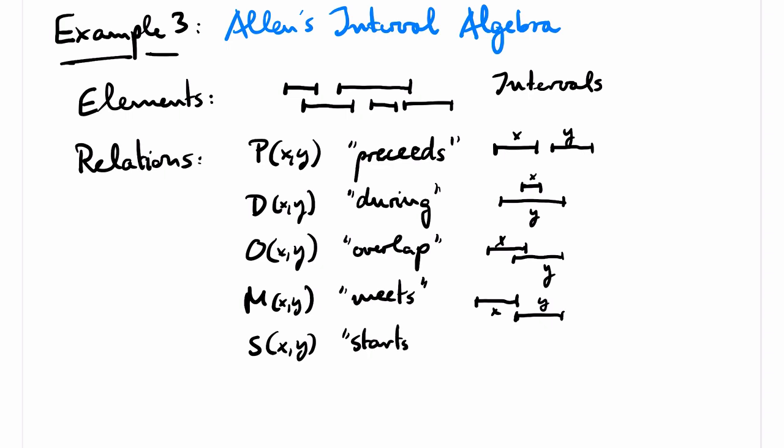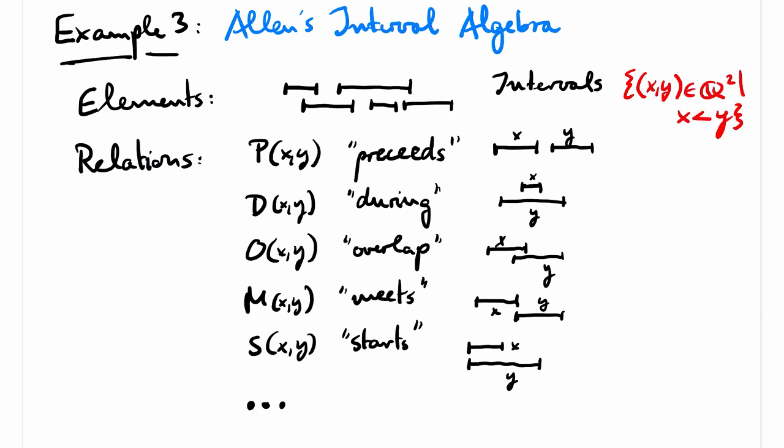I claim that this structure has a first-order interpretation in Q. Again, I will present a two-dimensional interpretation. The idea is that I represent a closed, bounded interval by its start point and its end point in Q. So the domain of my interpretation is the set of all pairs (x,y), where x is strictly smaller than y.